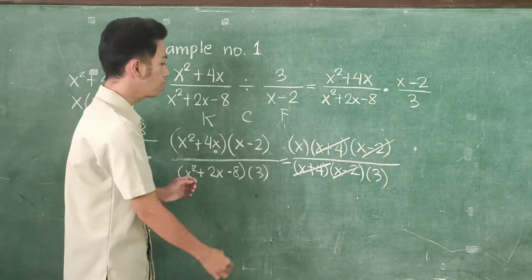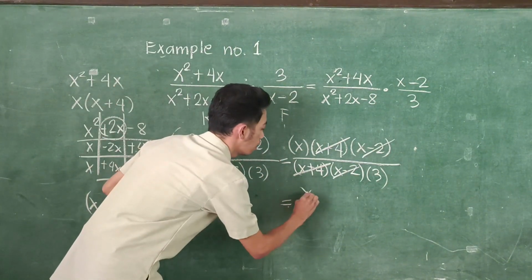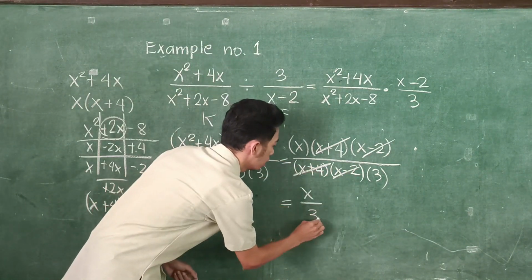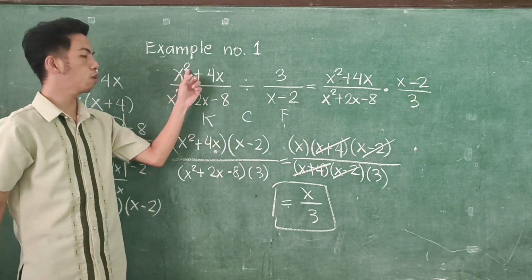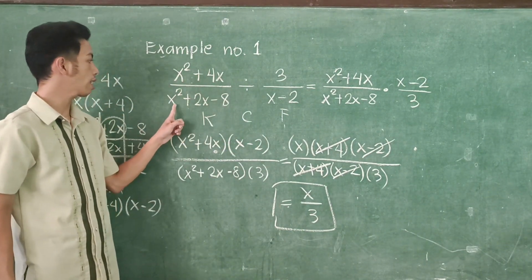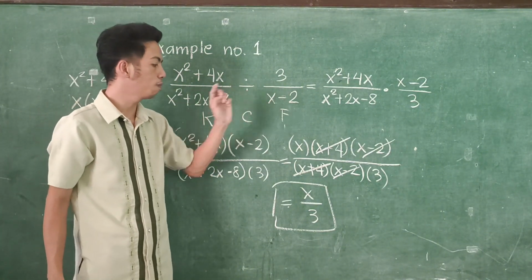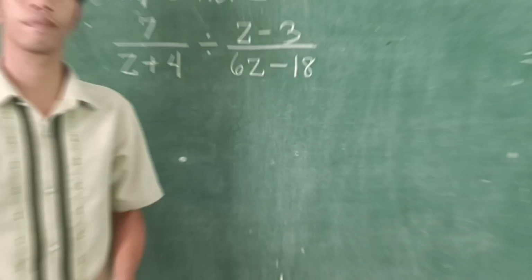So the remaining factor in the numerator is x, and the remaining factor in the denominator is 3. So the quotient of x squared plus 4x over x squared plus 2x minus 8 and 3 over x minus 2 is given by x over 3.